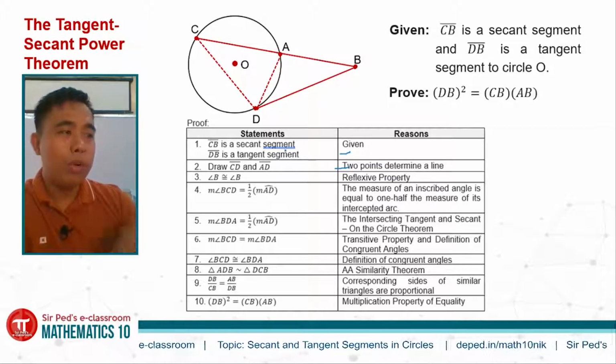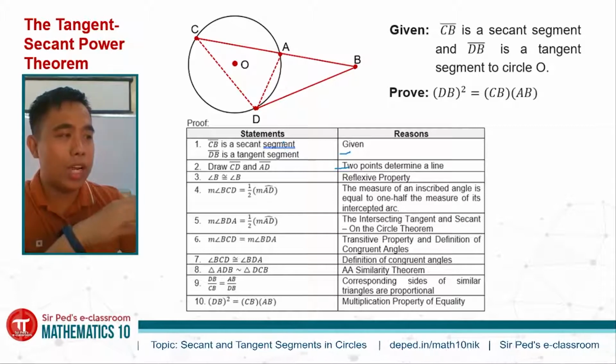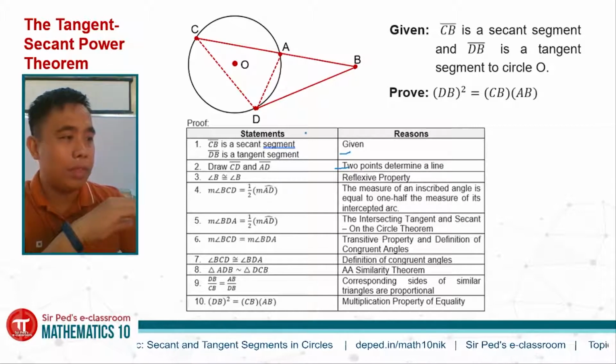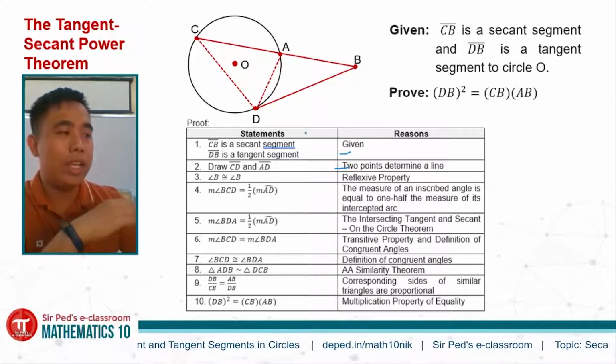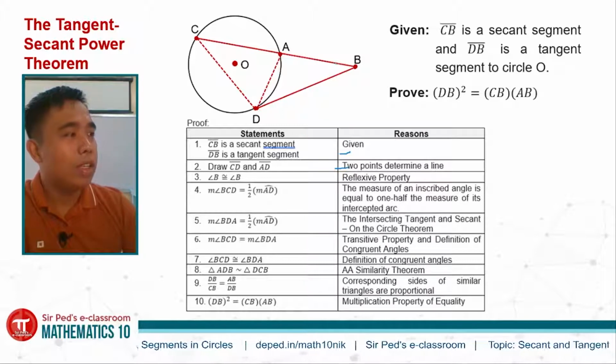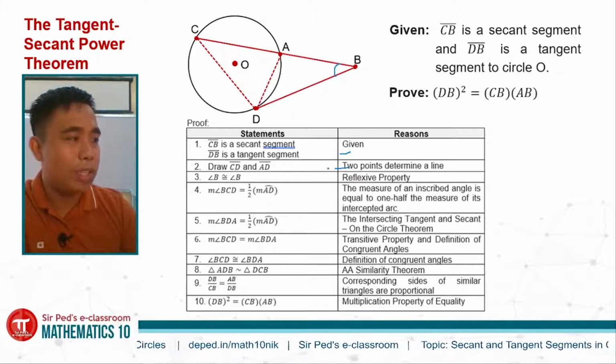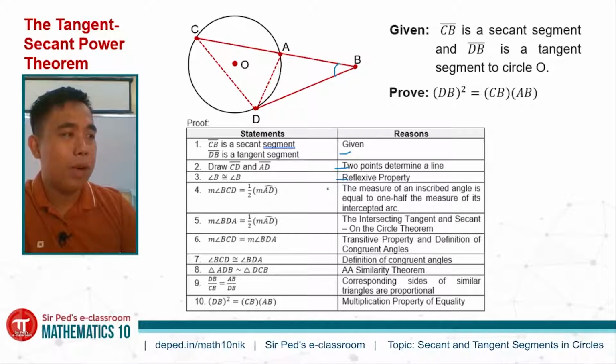Now, we're going to prove first that the two triangles, triangle ADB and triangle DCB, are similar. So first, angle B is congruent to itself. That is by reflexive property.